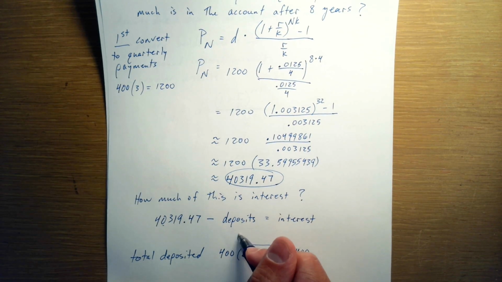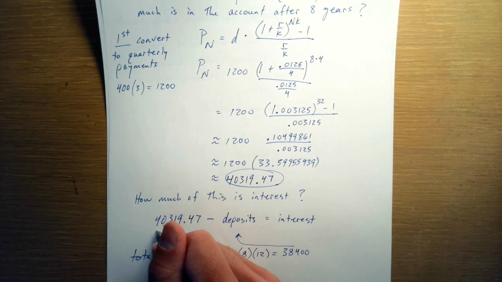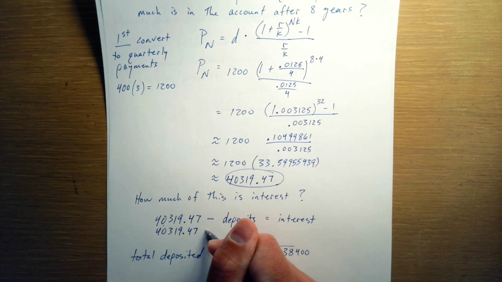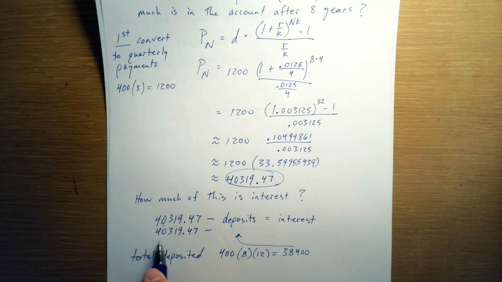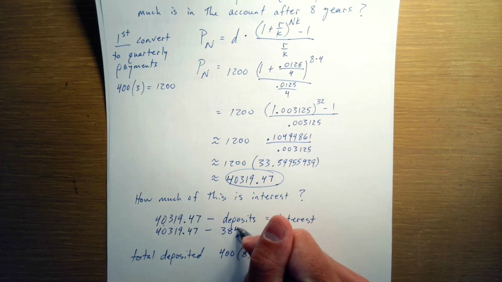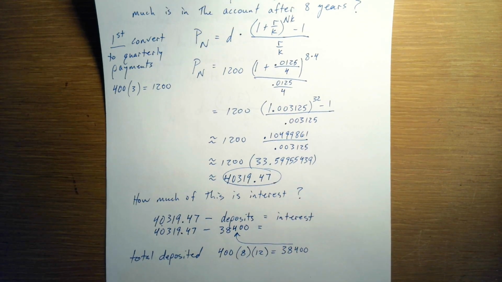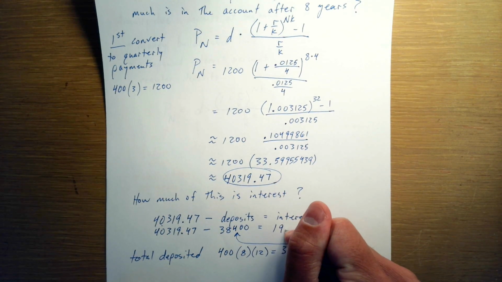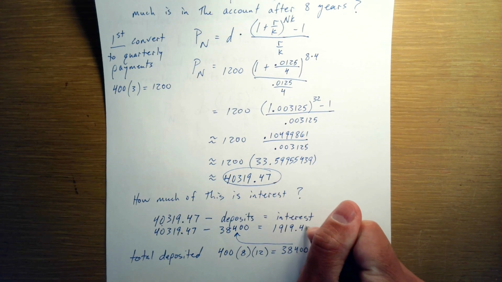So I'm going to take this and plug it in up here. So I have 40,319.47. That's how much we ended up with, minus how much we deposited, which is 38,400. And that's the amount of interest that we accrued. So that is 1,919.47.